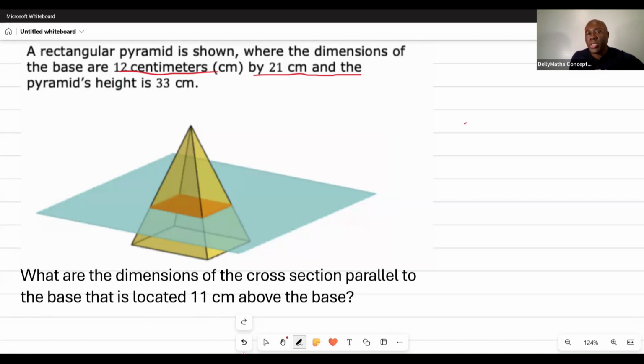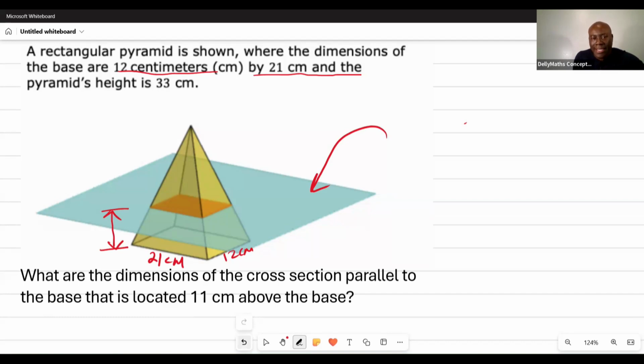Now, let us label what we got first. So we're looking at 21 centimeters by 12, and that's the base of that pyramid there. And then we were told that it was cut 11 centimeters from the base. So right here, this is the slicing that took place.